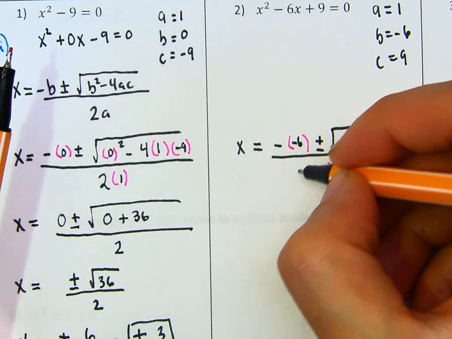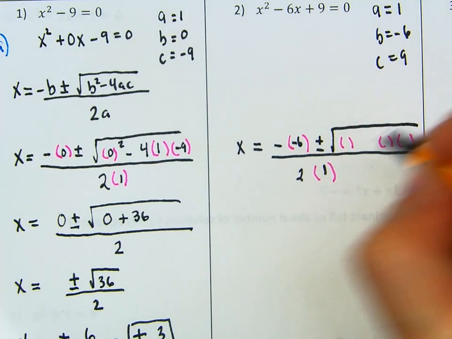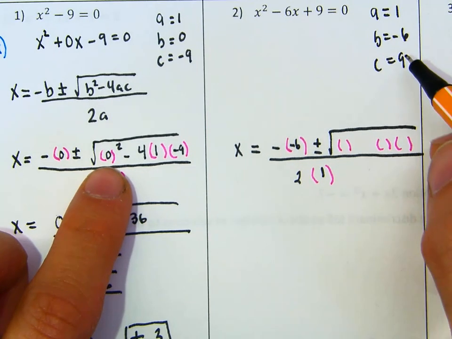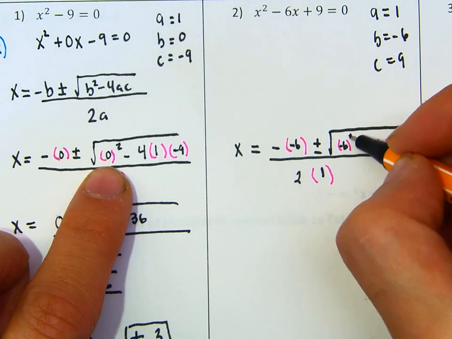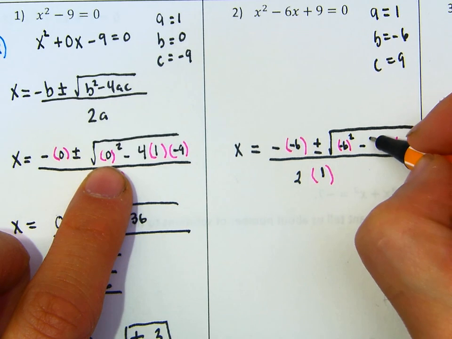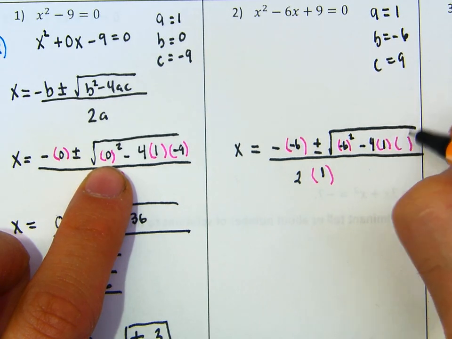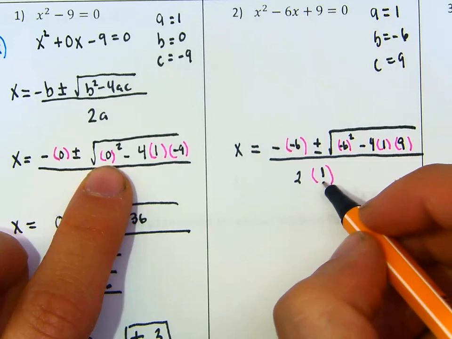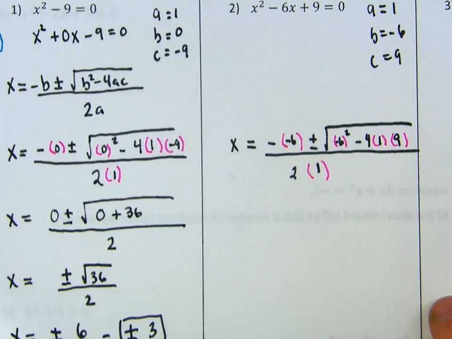So 2 times 1 is on the bottom. So what is your b squared? Your b squared is negative 6 squared minus 4 times 1 times 9, and then over 2 times 1.